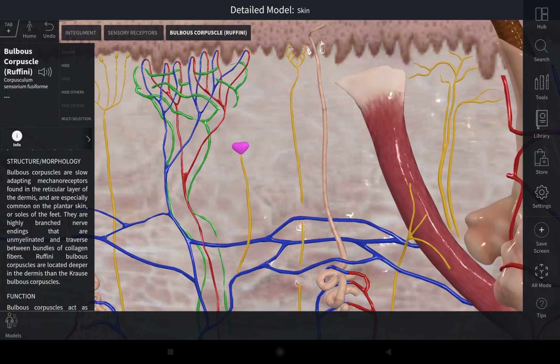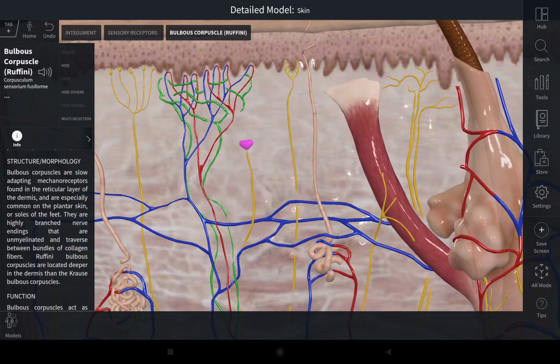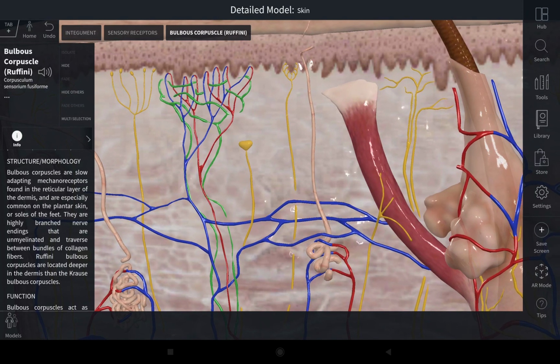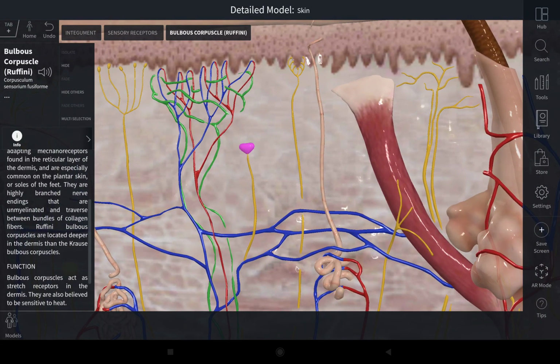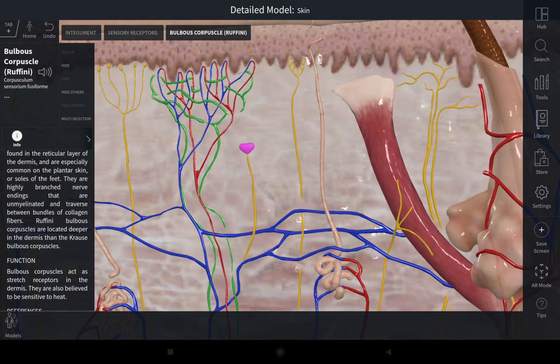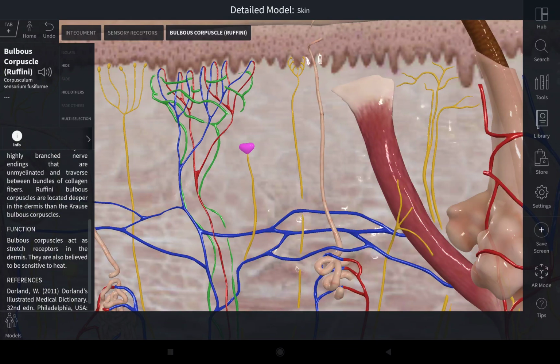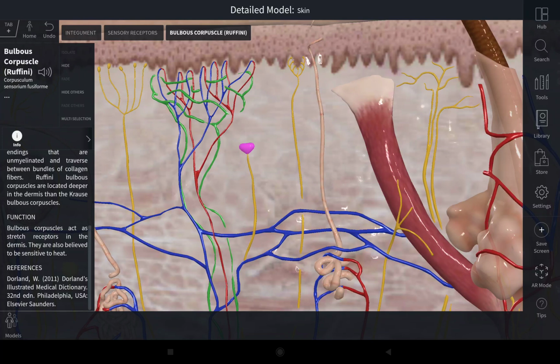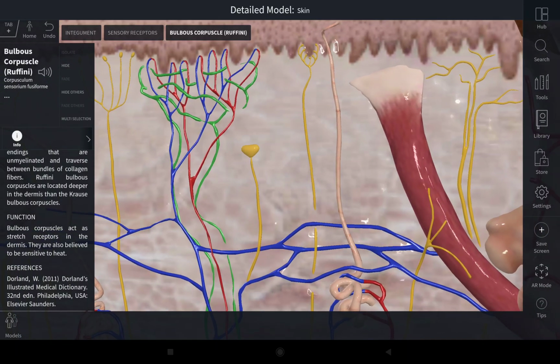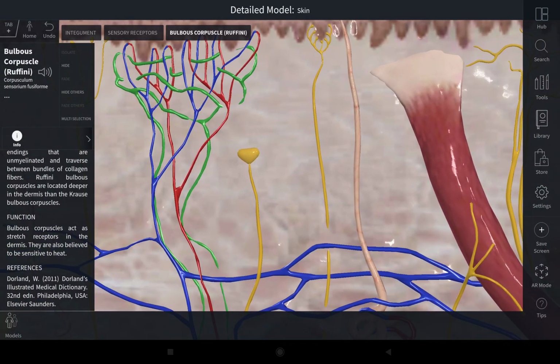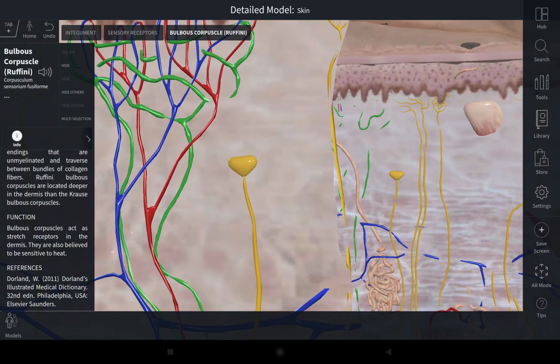They are highly branched nerve endings that are unmyelinated and traverse between bundles of collagen fibers. Ruffini bulbous corpuscles are located deeper in the dermis than the Krause bulbous corpuscles. Function: bulbous corpuscles act as stretch receptors in the dermis. They are also believed to be sensitive to heat.